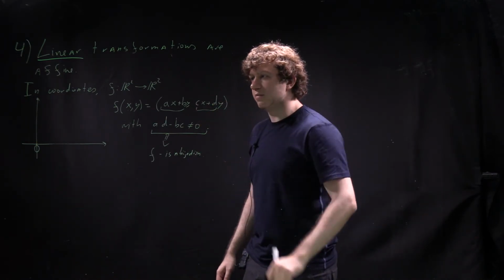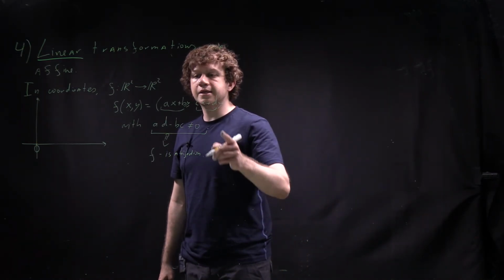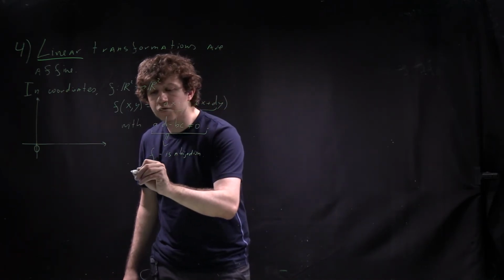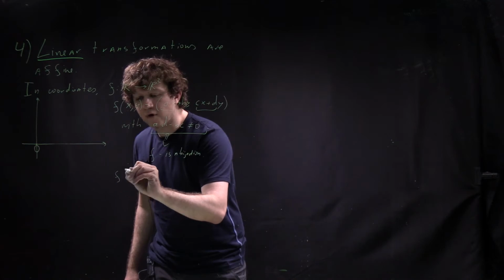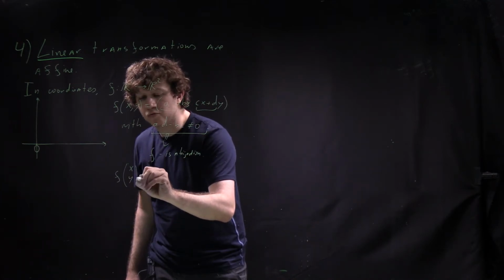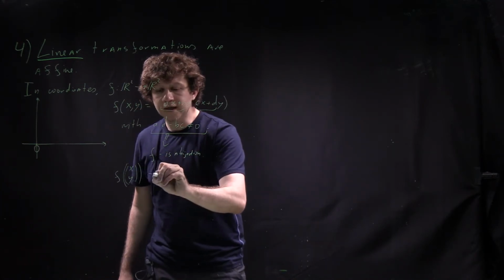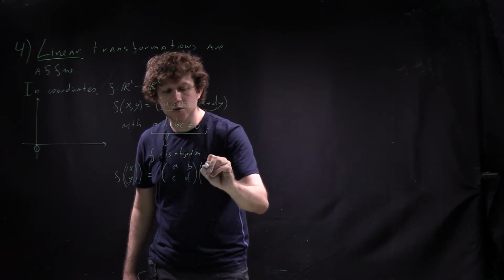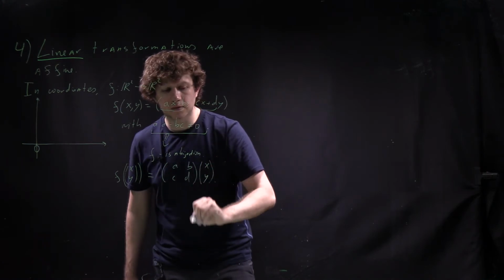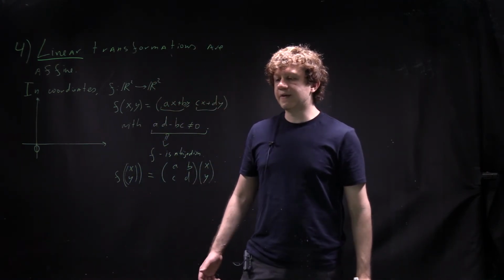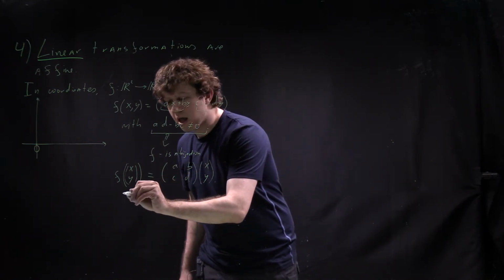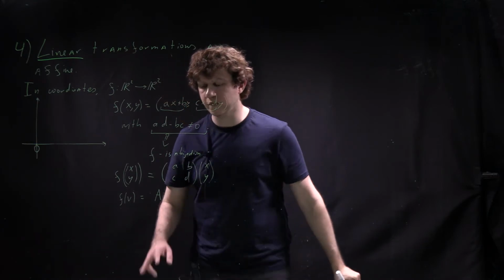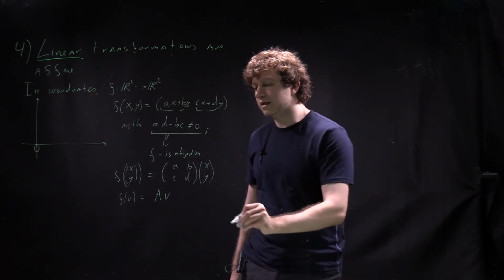So it is not a bijection. And actually, this is where matrices come from, because I can rewrite it as saying f of a vector xy, written as a column, equals the matrix (a, b; c, d) times xy. So I can denote it f of v equals a matrix A times v, where v is some vector.